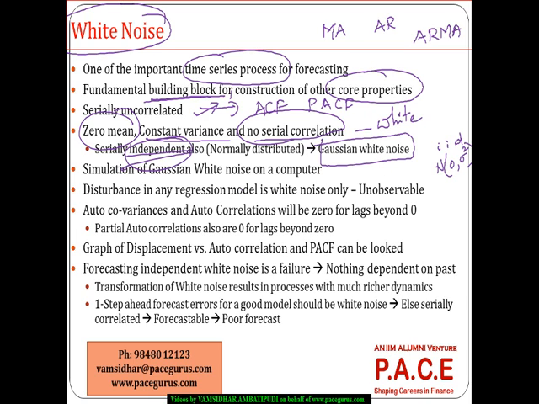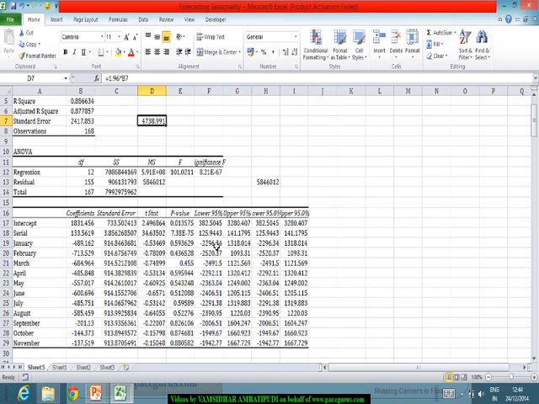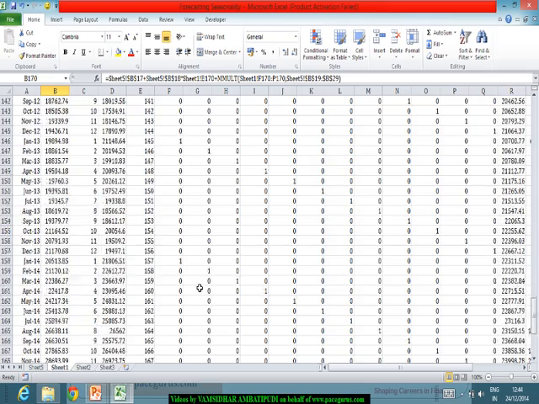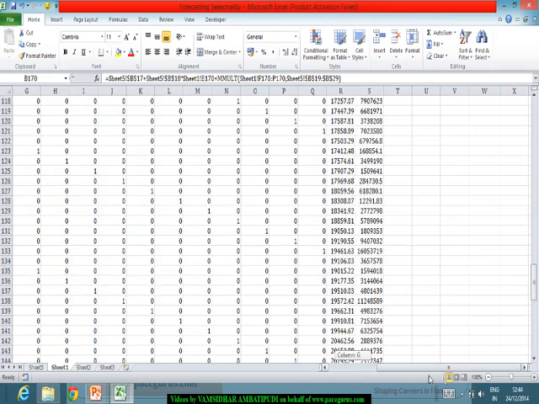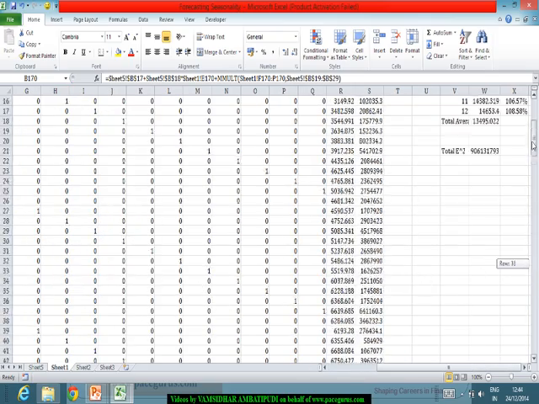And if we see any regression model, whatever errors are left, let me open the earlier regression model which we have done for seasonality forecast. Let's say this is the seasonality forecasted data.